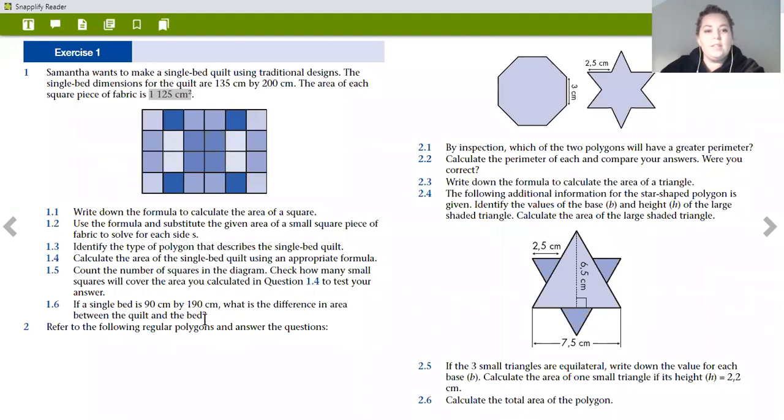It says a single bed is 90 centimeters, so now they're giving us our bed. Now it's not just the quilt. Your quilt is usually bigger than your bed so that it can cover everything. So let's put our bed in the middle. There's our bed and our pillow, nice bed.